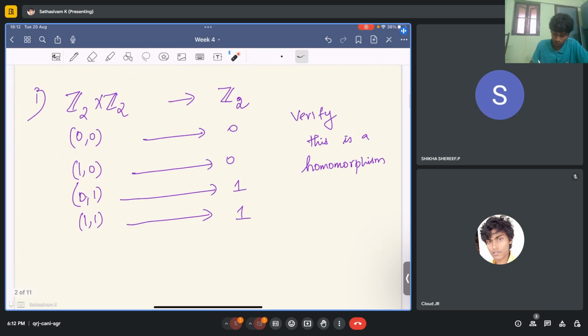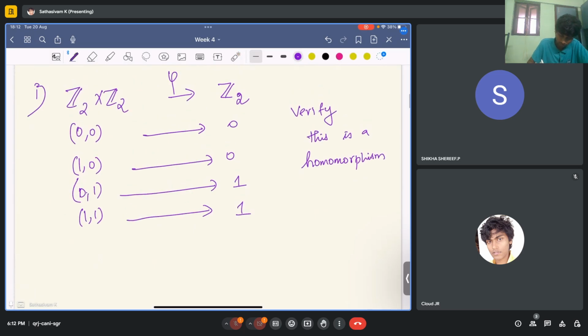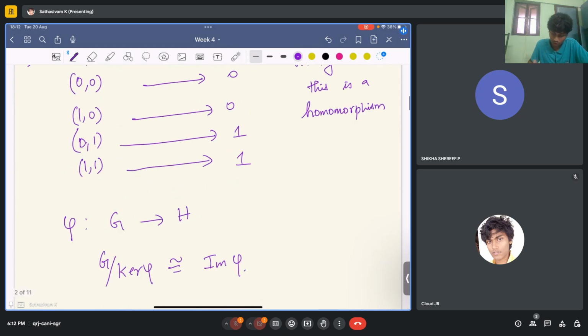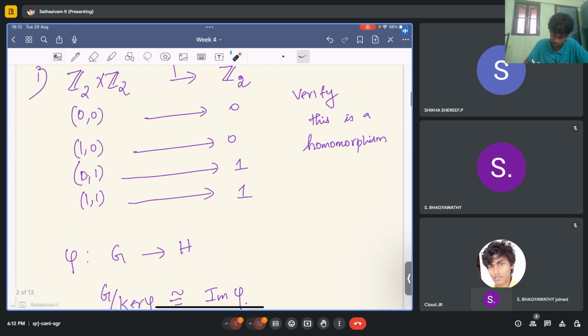Let's look at the kernel. What the first isomorphism theorem says is, if you have a homomorphism phi from G to H, then G by kernel of phi is isomorphic to the image of phi. Here you can observe that the image of phi is basically Z2, since you have both 0 and 1.